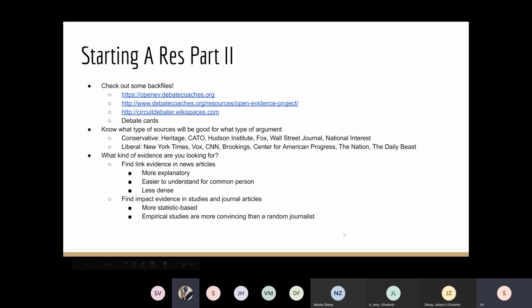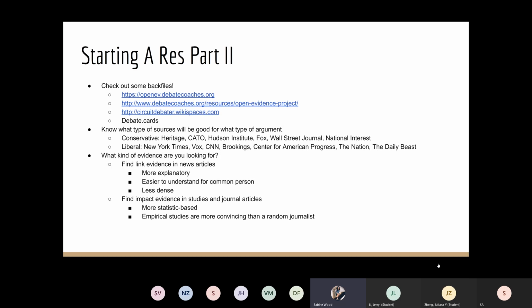Okay, sure. So once you've started doing a little bit of research on a resolution, it's also a good idea to look for backfiles. Backfiles are basically just the research that's been compiled by other debaters over time. There's a lot of stuff for policy debaters that is available for you to access online.